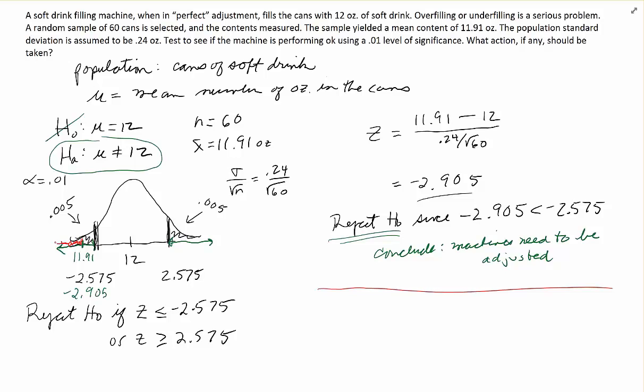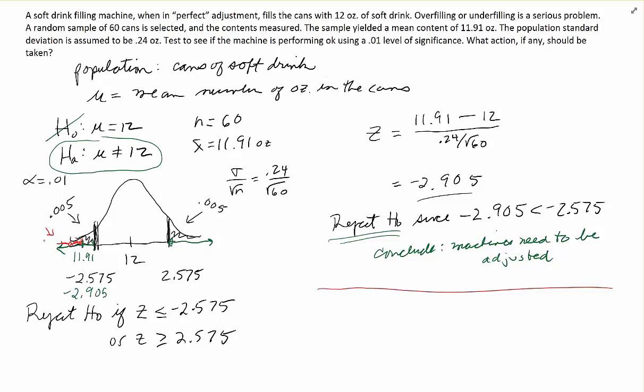Now that is at z location negative 2.905. So I'll be able to get that value by going to the standard normal table and looking up 2.905, which I would have to round to 2.91, and then by symmetry I could get that.